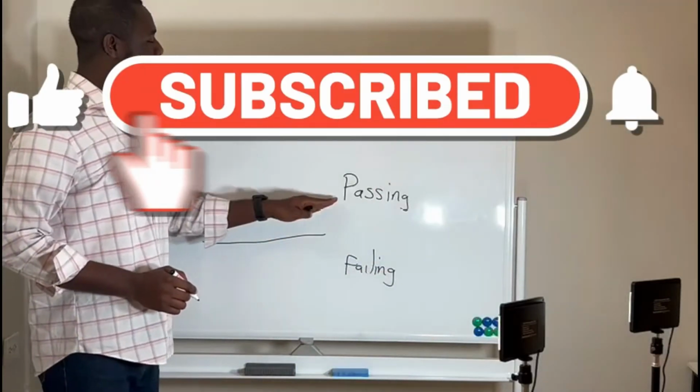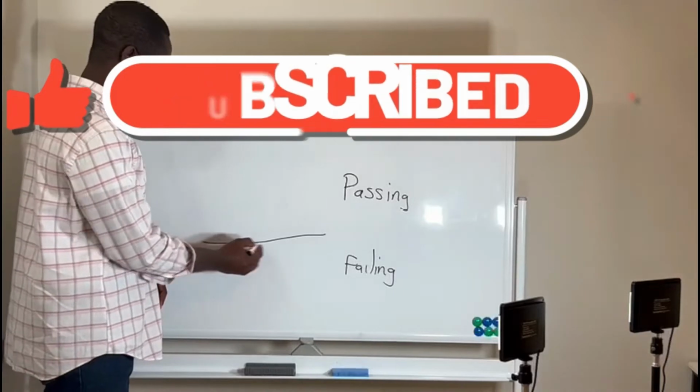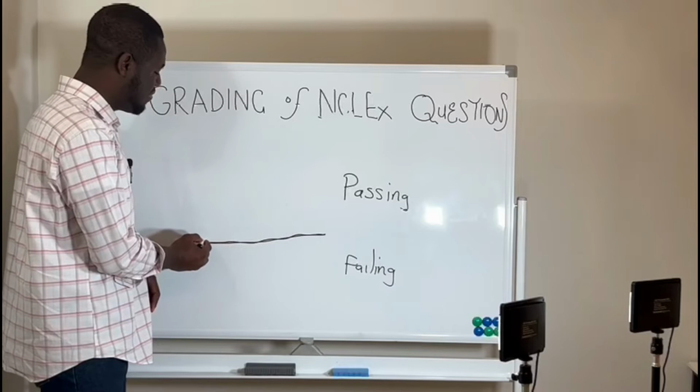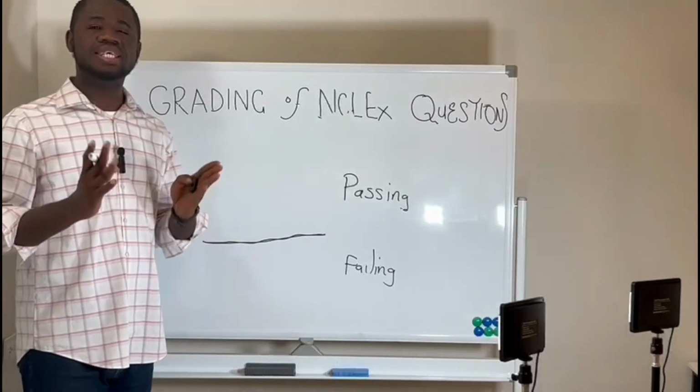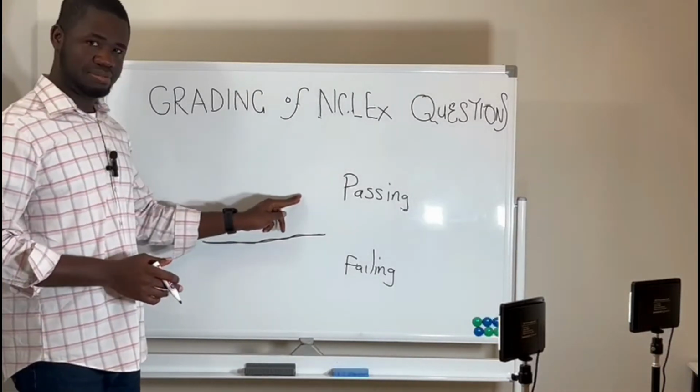The passing and failing zones are demarcated by this line, known as a distinctive line. The goal of every test taker is to be above this line.